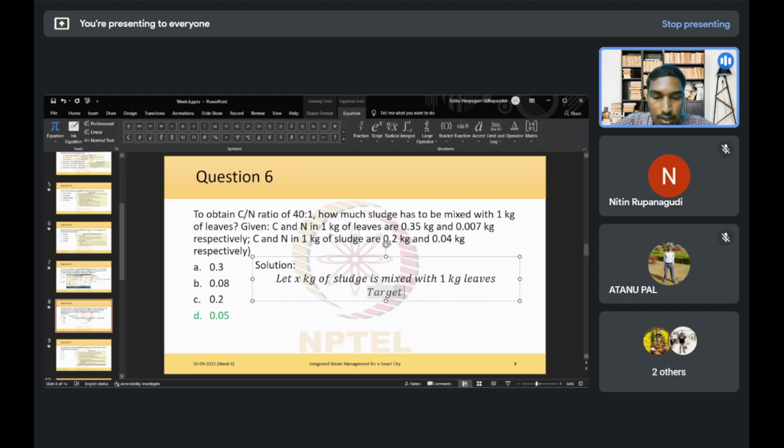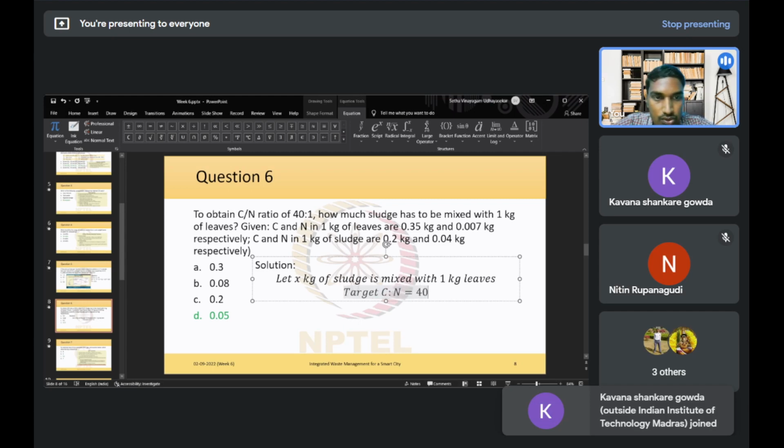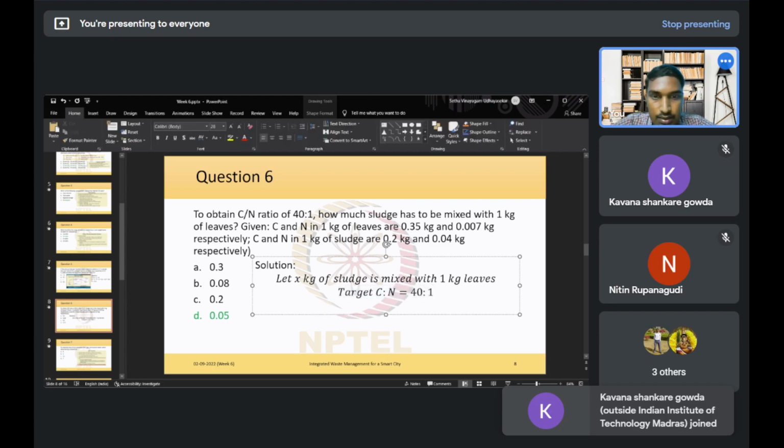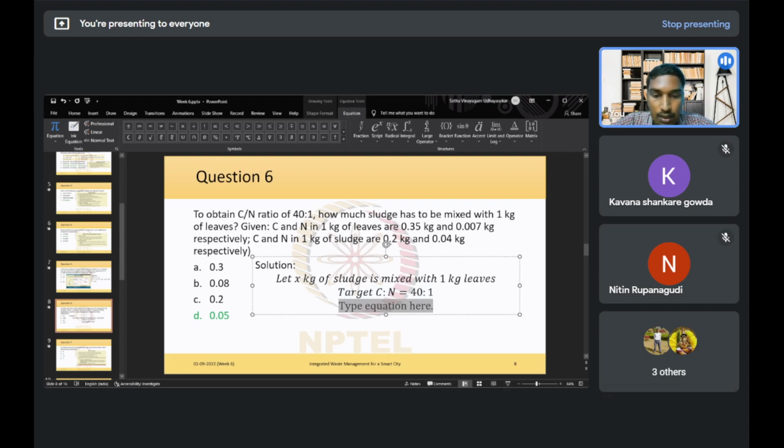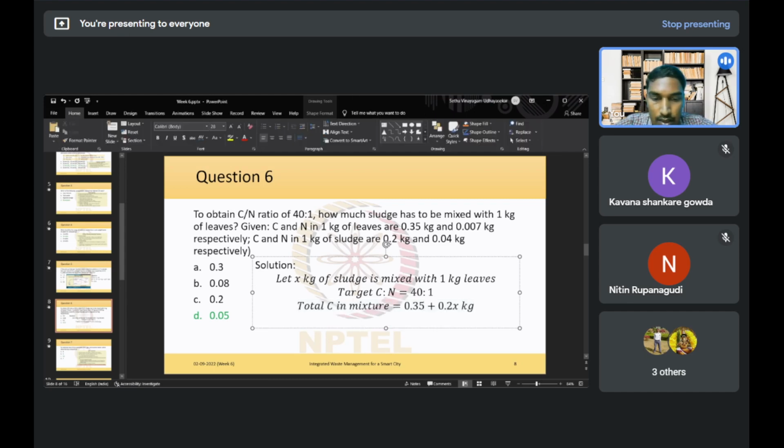The total carbon in the mixture is: 1 kg of leaves has 0.35 kg of carbon, plus in 1 kg of sludge there is 0.2 kg of carbon, so in x kg of sludge there will be 0.2x kilograms. This is the total amount of carbon in the mixture.